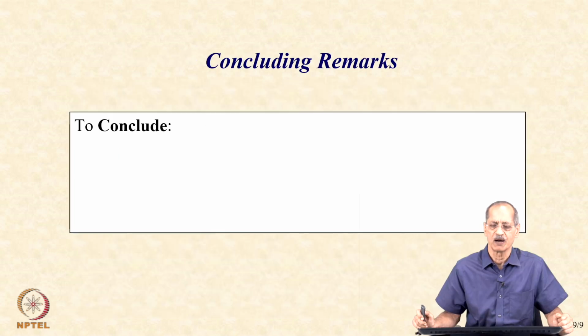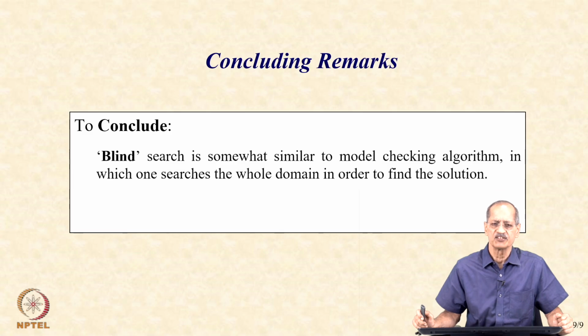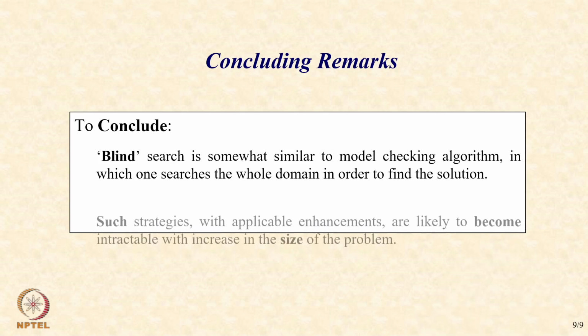So, to conclude this part, the blind search is somewhat similar to the model checking algorithm, in which one searches the whole domain in order to find the solution. You remember this when we were talking about our logical strategies, and there we said that entailment has to be checked in all the models before you can say that this statement is true. This is almost like checking all the models before saying whether the entailment is there or not there.